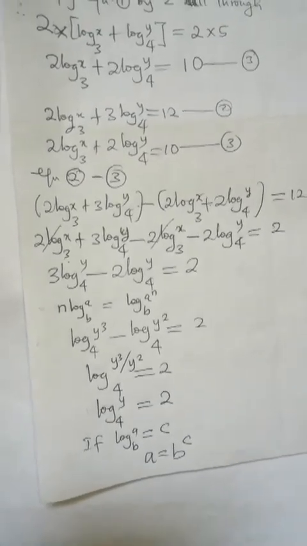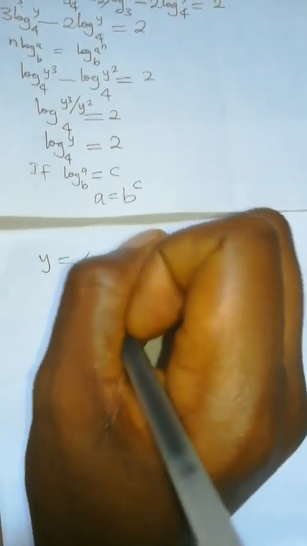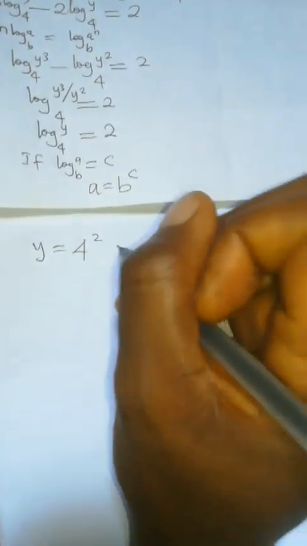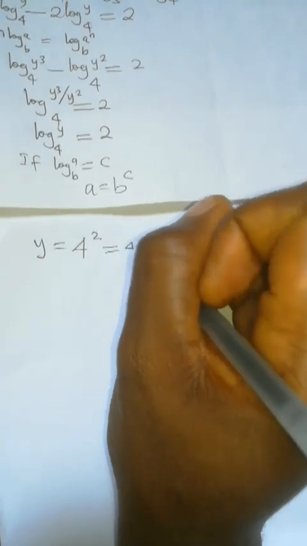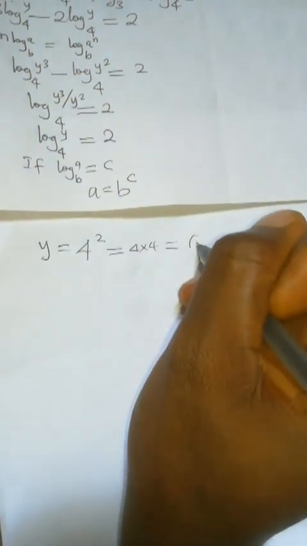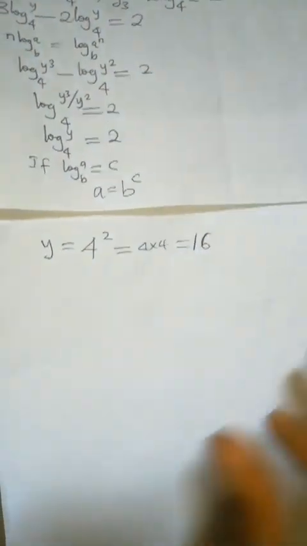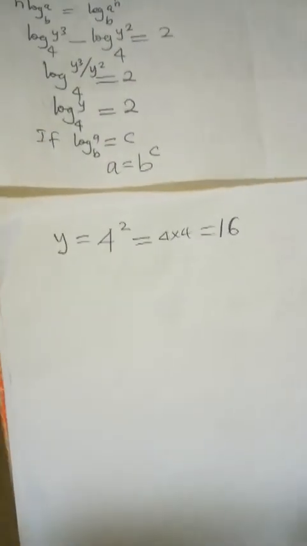So let's try and apply it here. y is equal to 4 to the power of 2, and 4 to the power of 2 is 4 times 4, which is equal to 16.